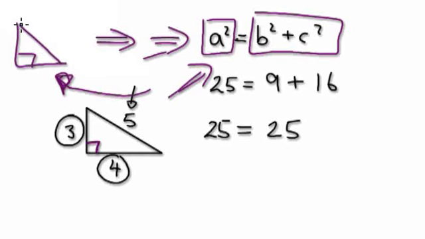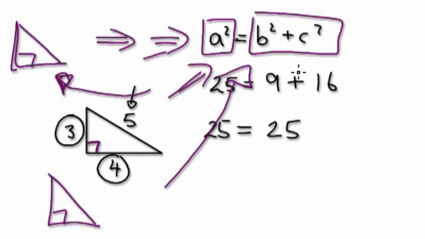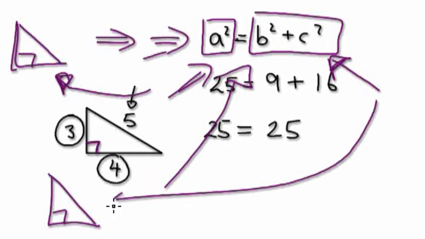So let me just reiterate. Pythagoras is saying if it's a right angle triangle, then this must be true. Now, let's work in the opposite direction. Let's say if this is true, then this must be a right angle triangle. Well, you can do it like this.